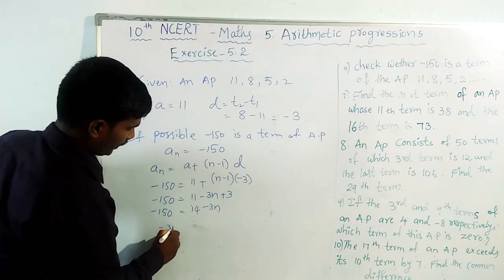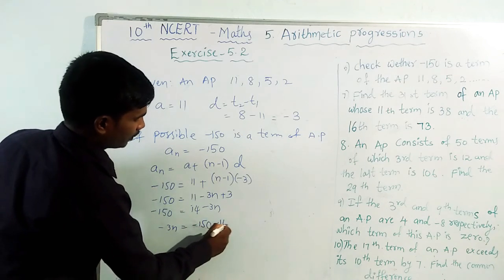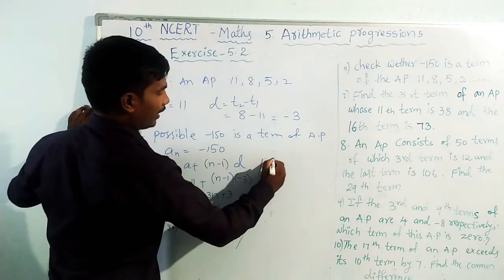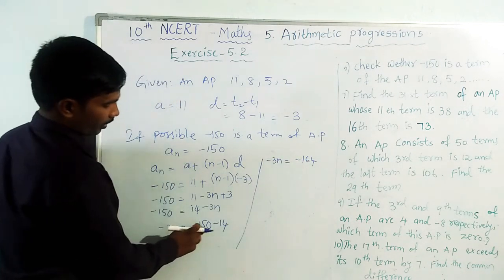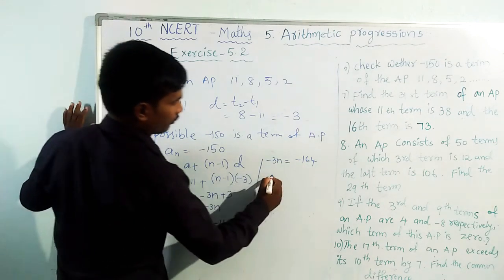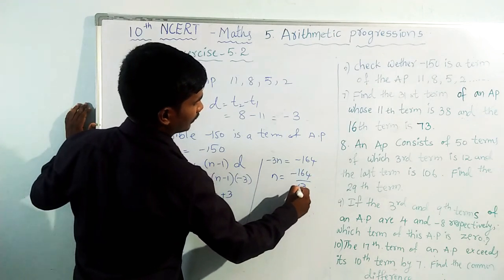So minus 3n is equal to minus 150 minus 14. Minus 3n is equal to minus 164, since 150 plus 14 is 164. The minus signs cancel, so n is equal to 164 by 3.